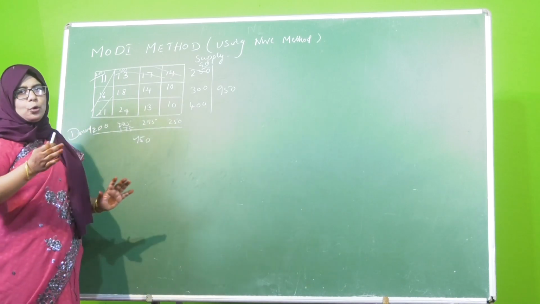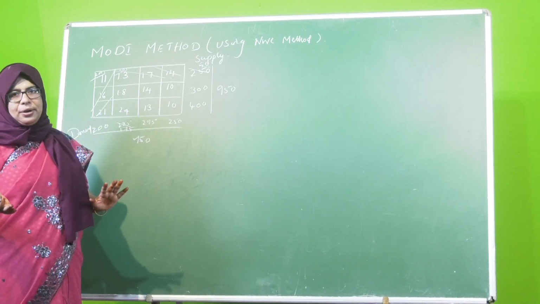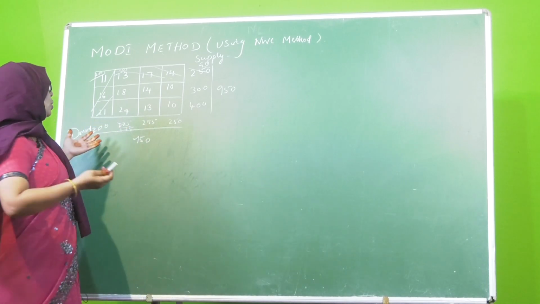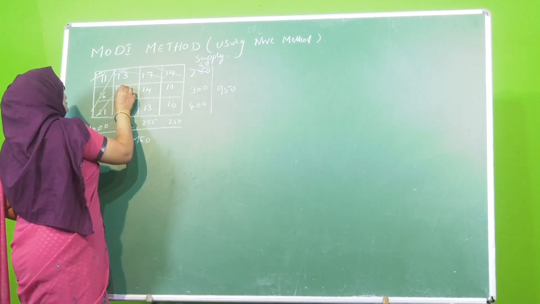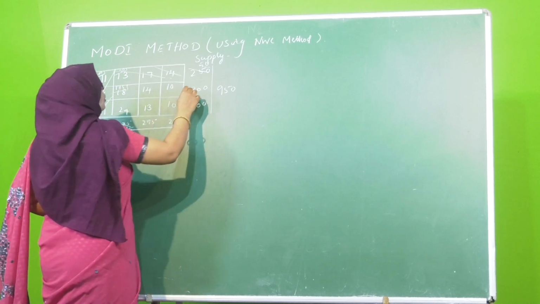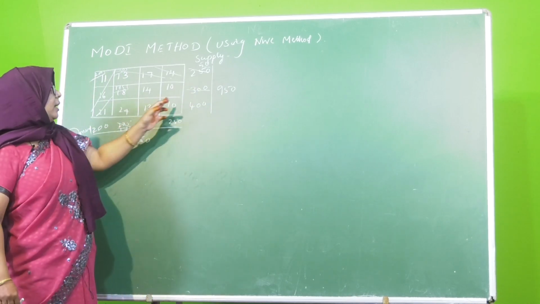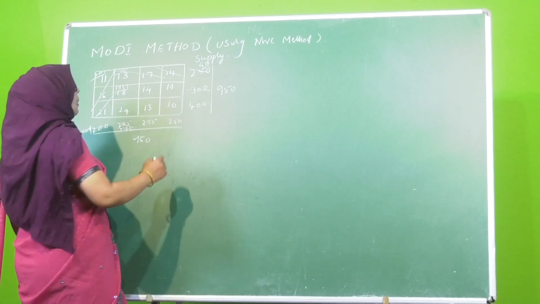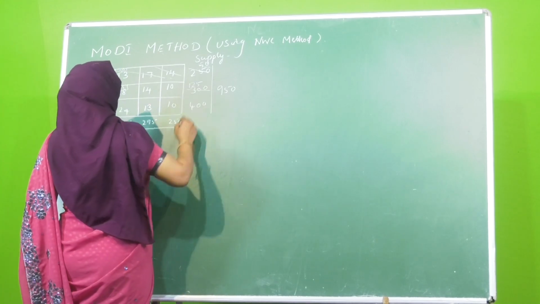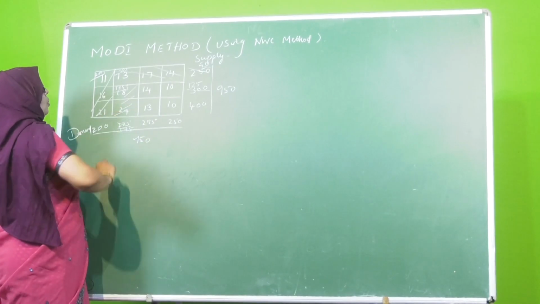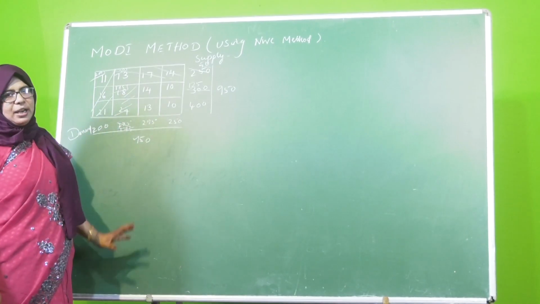Among these two elements, 175 and 300, which one is the minimum? We know that method already. So, 175 is the minimum element. So, 300 minus 175, the remaining element is 125. So, this column vanishes.